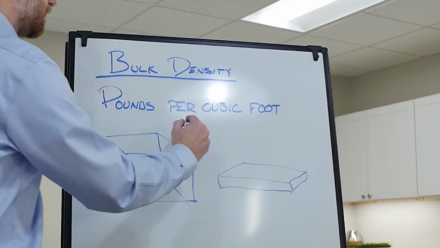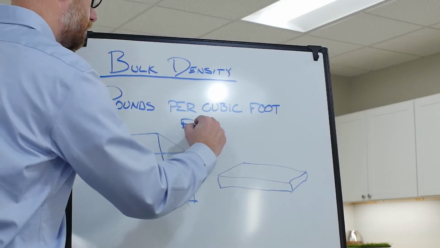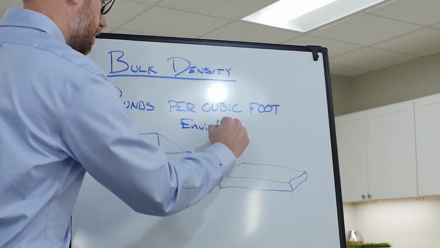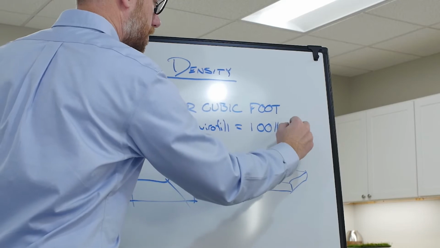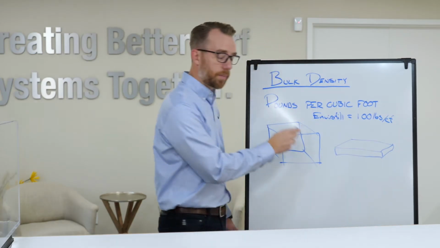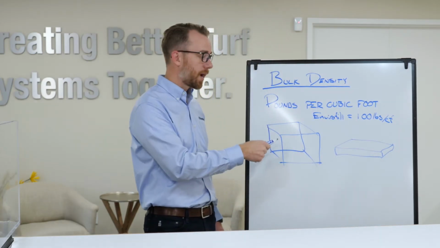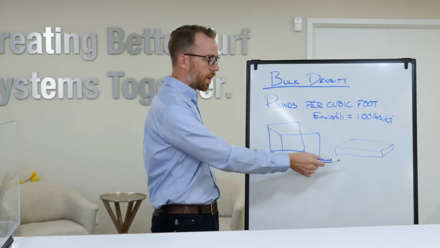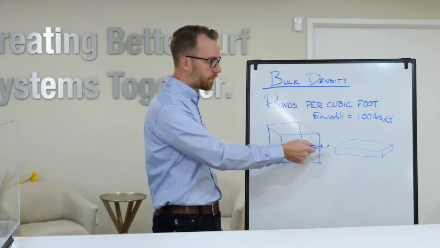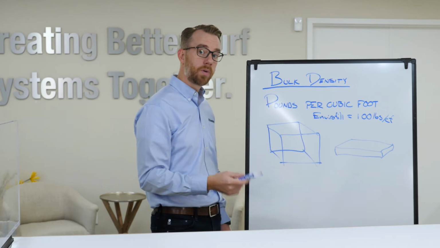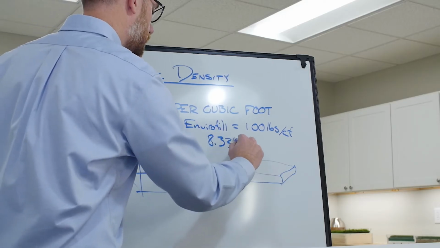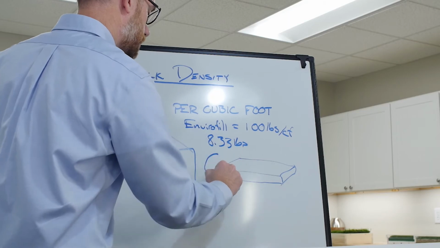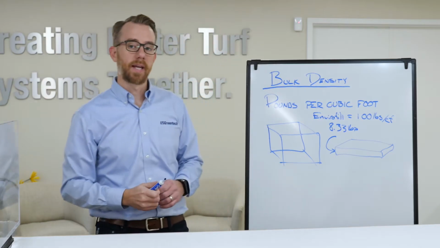So if you have a product like sand, say Envirofill, which is 100 pounds per cubic foot, meaning if we filled up this cube with Envirofill, it would weigh 100 pounds. We want to understand, well, how many pounds are required for a 1-inch depth? We would simply take 100 pounds and divide it by 12, and we would come up with 8.33 pounds per square foot in a synthetic turf field.